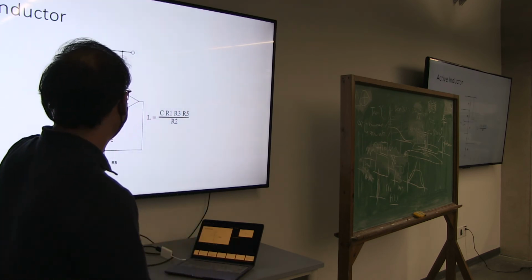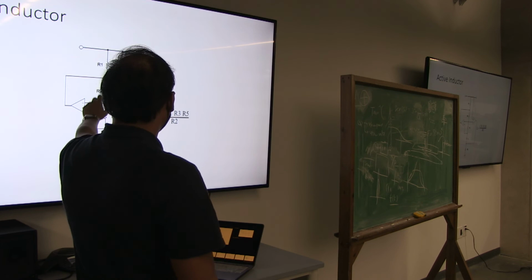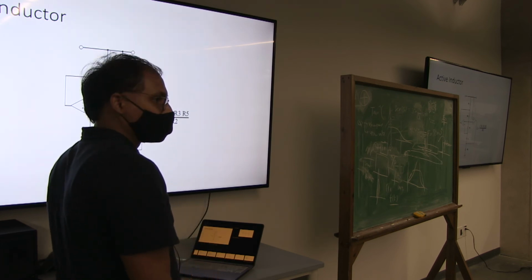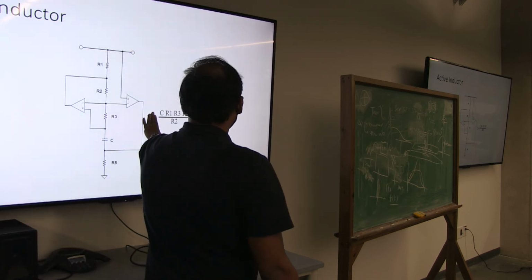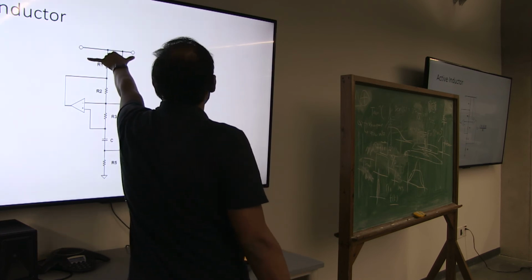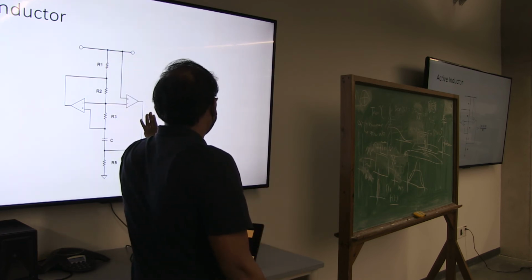If we replace those impedances with resistors and this capacitance, this will be the transfer function between these two terminals. So, it is C R1 R3 R5 by R2.